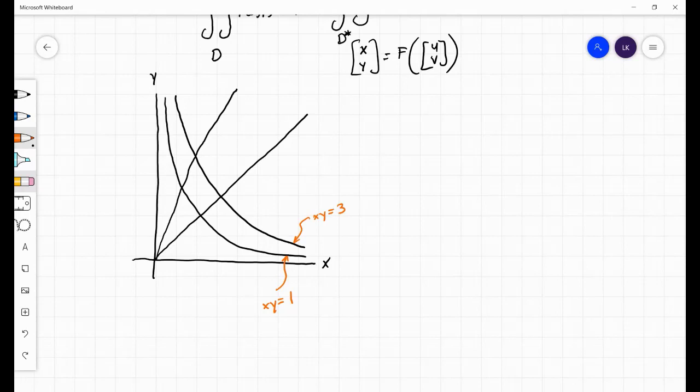Okay, so this will be the line where y equals x. And this is the line where y equals, let's keep it simple, 2x. And we want to find the area of region D.